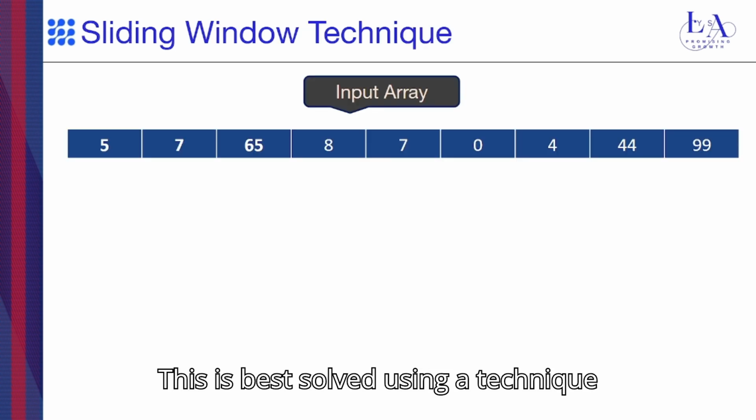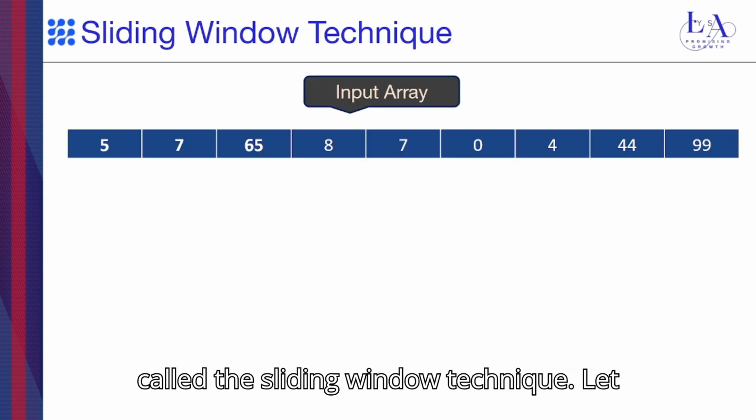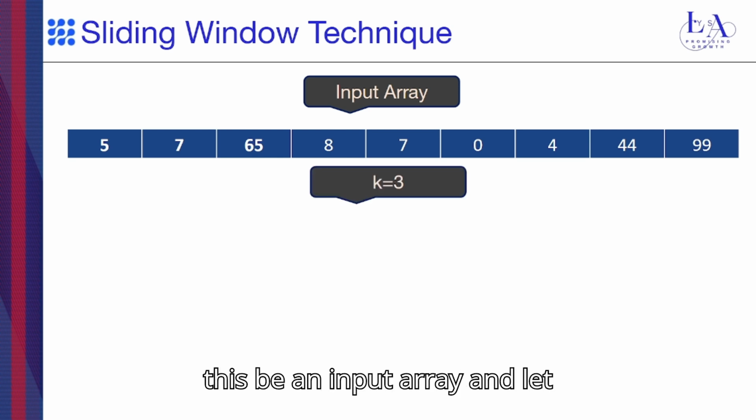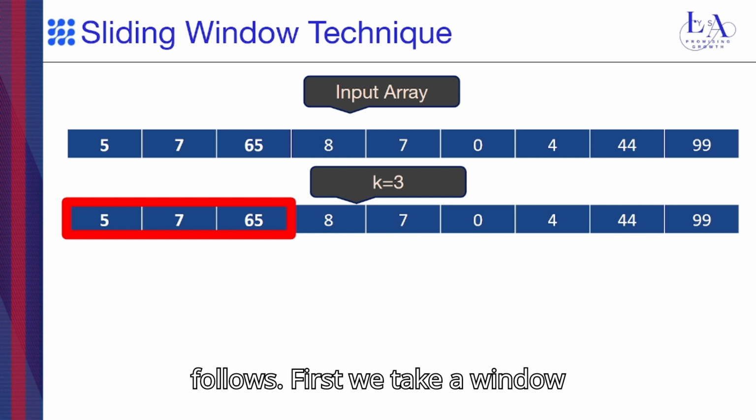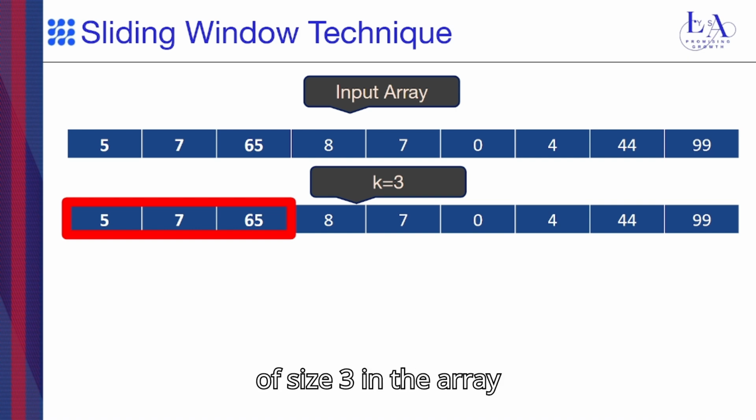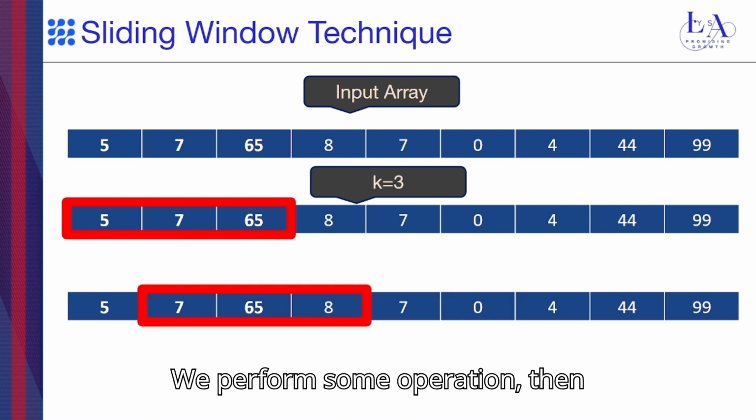This is best solved using a technique called the sliding window technique. Let this be an input array and let our k be equal to 3. The sliding window technique works as follows. First we take a window of size 3 in the array, that is 5, 7 and 65. We perform some operation.